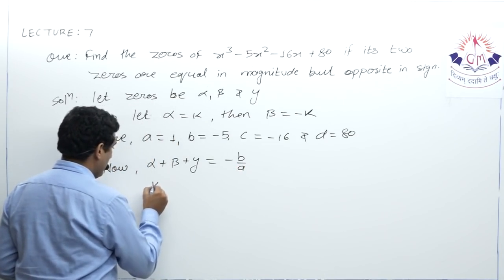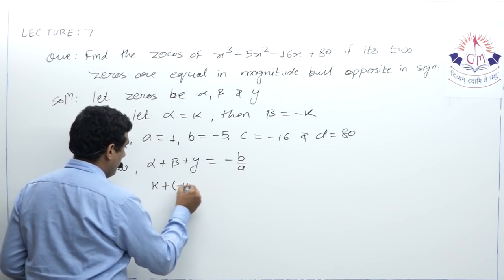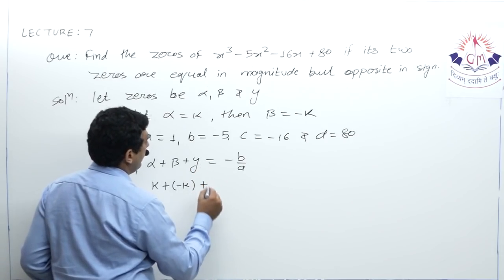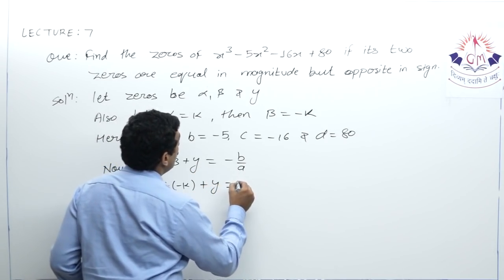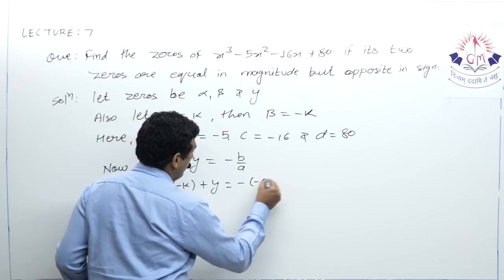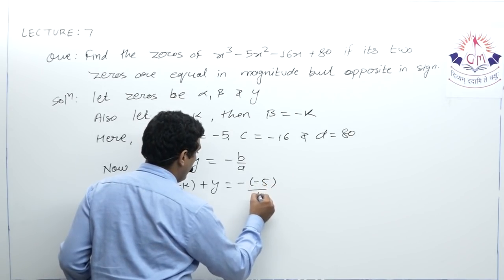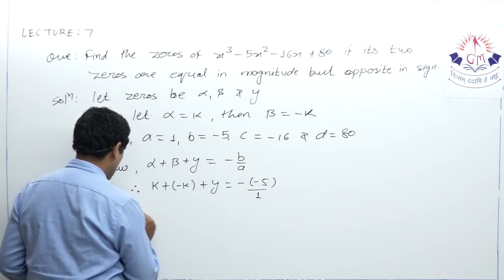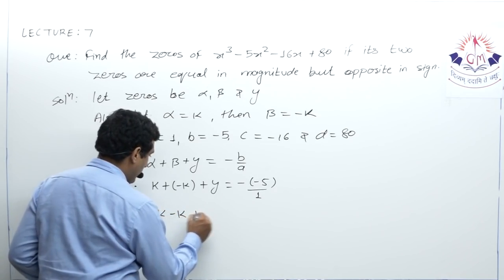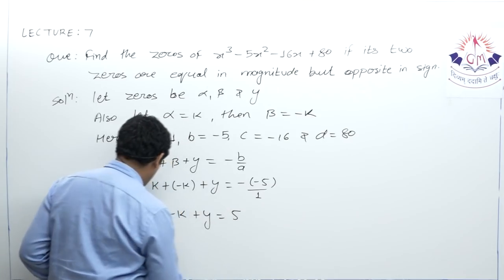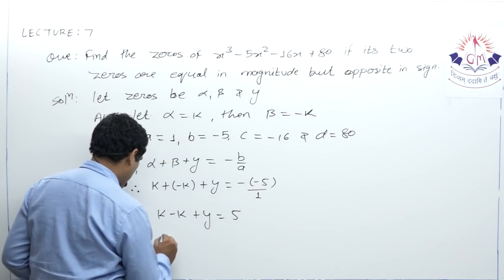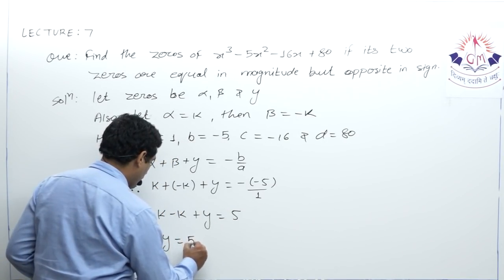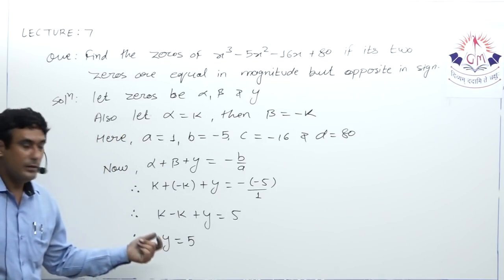Now alpha is k, beta is minus k and gamma we have to obtain, minus b, that is minus of minus 5, a is 1. So here I can say k minus k plus gamma is equal to 5, therefore gamma is equal to 5.